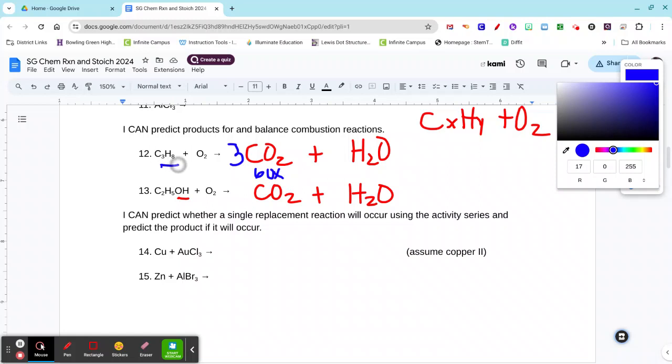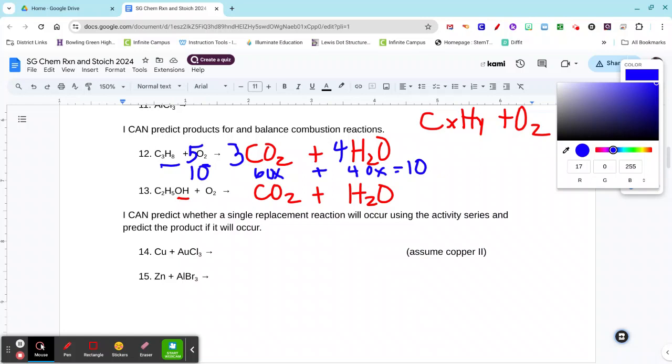So over here I have 8. I need 8 here, so if I put a 4, that's going to give me my 8 hydrogens, and then it's going to give me 4 oxygens. Okay, the reason that's important is I want to do oxygen last, and then since these are on the same side, I'm going to add them together at the end. So I have 10 oxygens total here, and I only have 2 over here. So if I multiply this by 5, that's going to give me 10, and then I'm completely balanced for that equation.